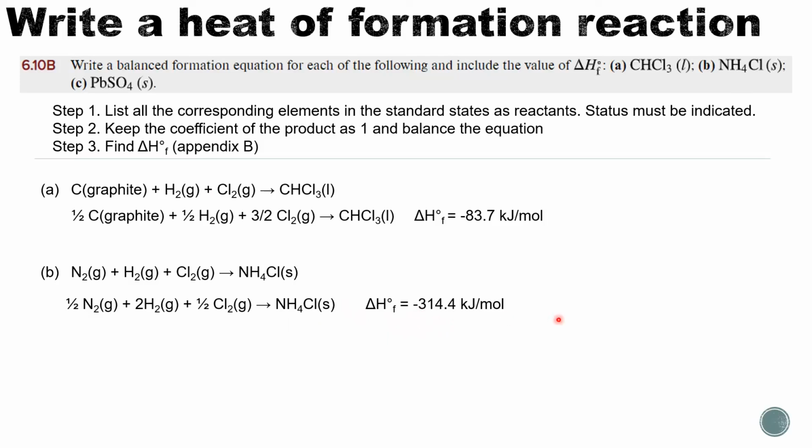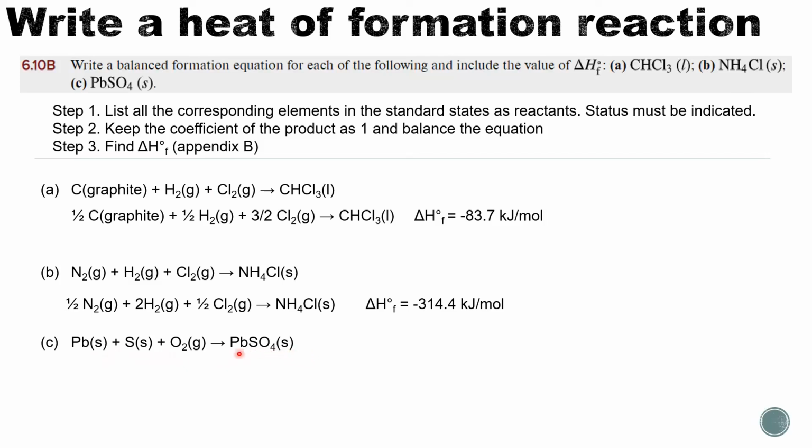Okay, so for the last question, lead is not one of the few elemental substances we talked about, so it should be in the solid phase in the standard condition. Sulfur should also be solid phase, and oxygen is in the gas phase. We can list that as lead solid plus sulfur solid plus O2 in gas phase to produce lead sulfate in solid phase.